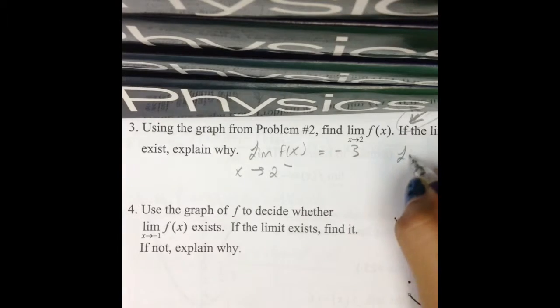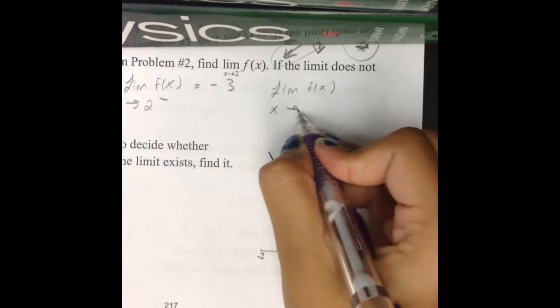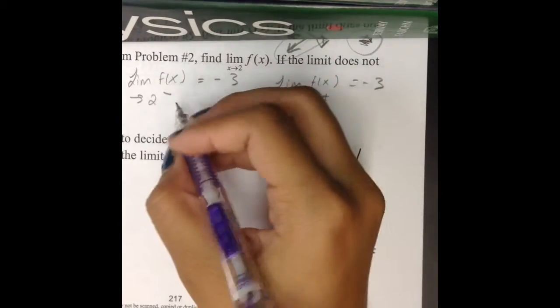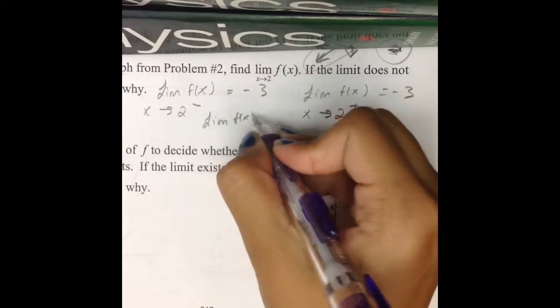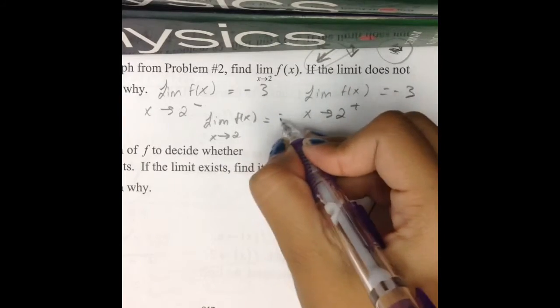And our limit as x goes towards 2 from the right side is also negative 3. So because these two are the same, we can conclude that our limit as x goes towards 2 is negative 3.